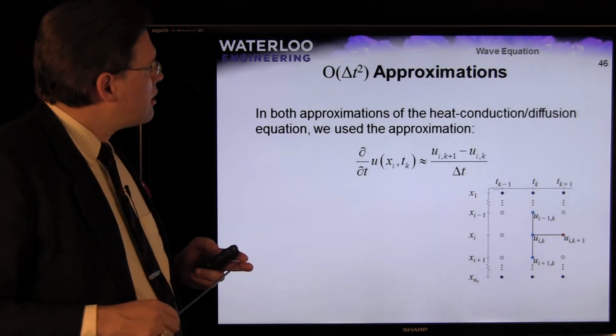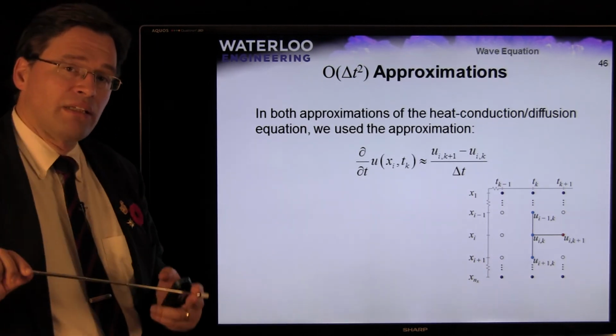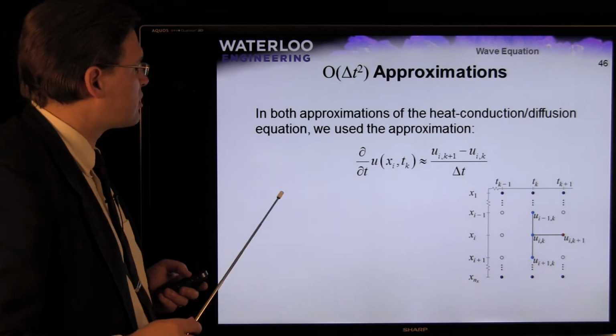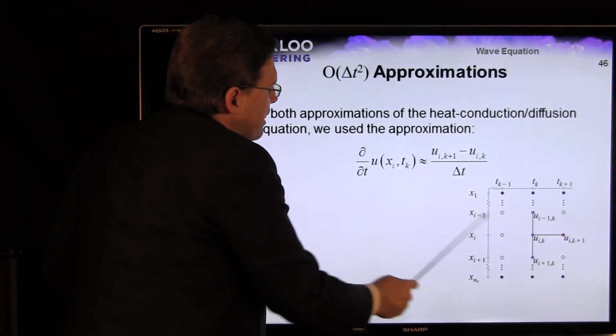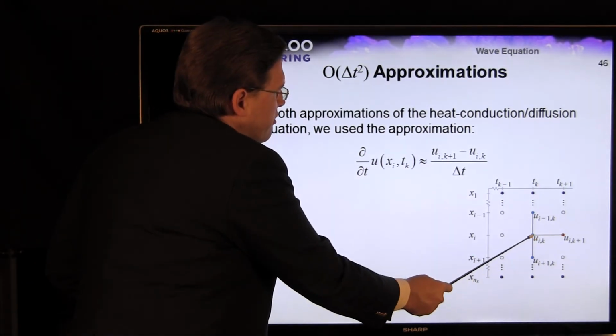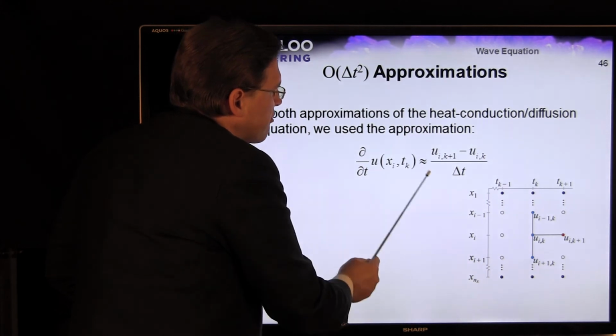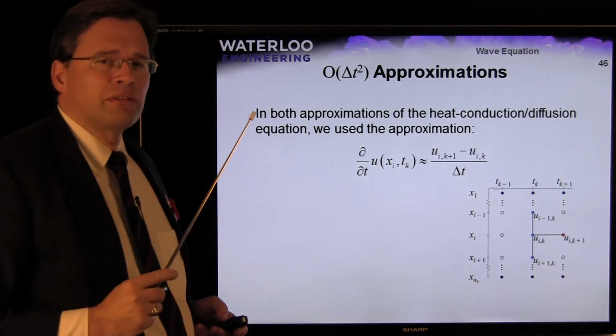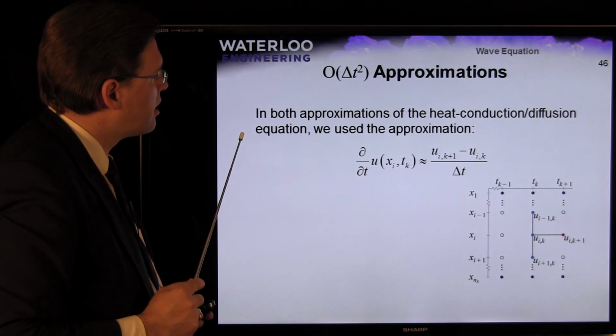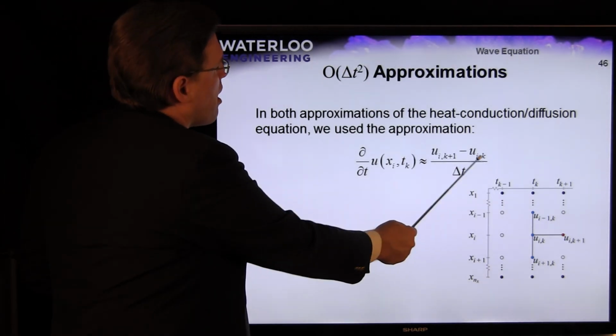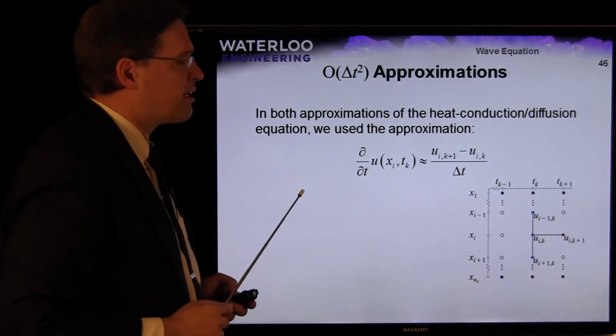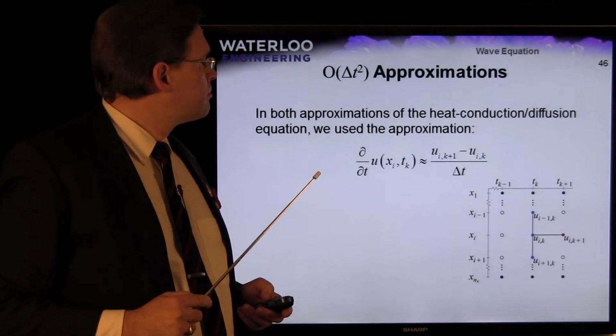On the other hand, notice that when we did Crank-Nicolson and approximated the heat conduction diffusion equation, when we calculated the derivative here, we used a first order approximation. This was just a first order forward divided difference approximation.